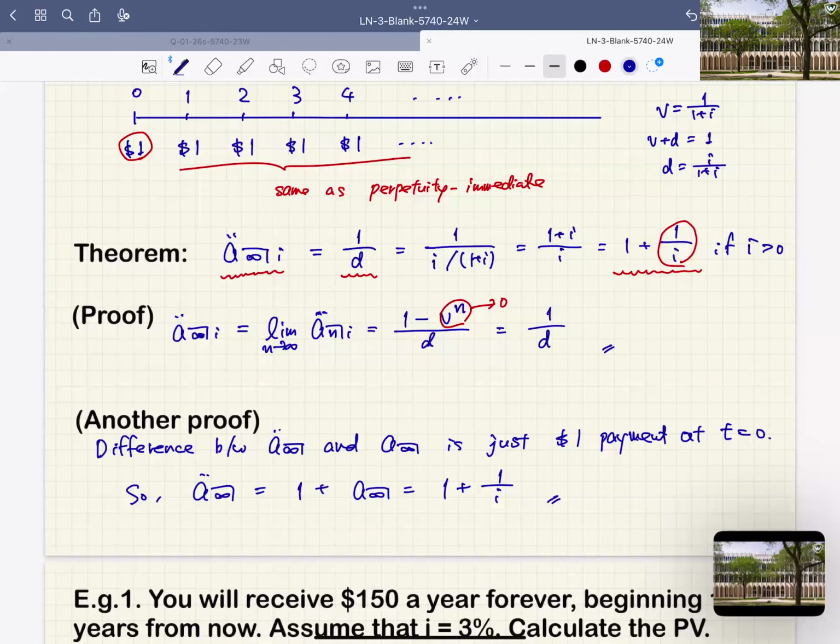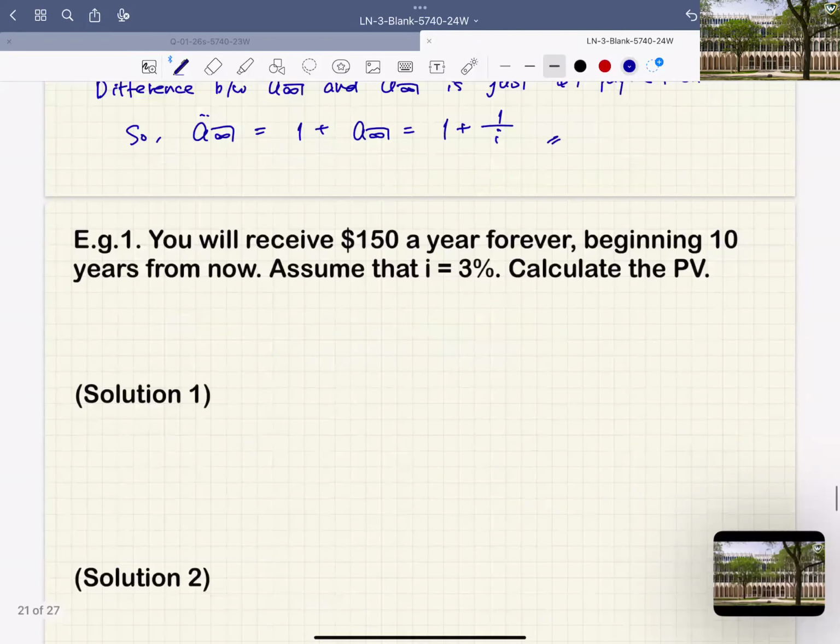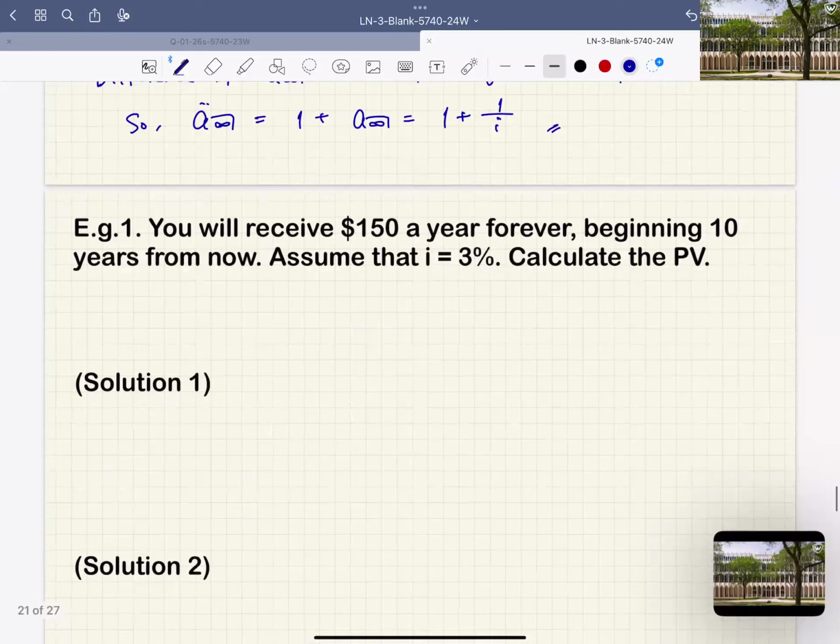So even if we were adding 1 infinitely many times, that is infinity. But if i is negative, the general term becomes even larger, so taking the summation of that becomes infinity. So only when i is positive does this make sense.